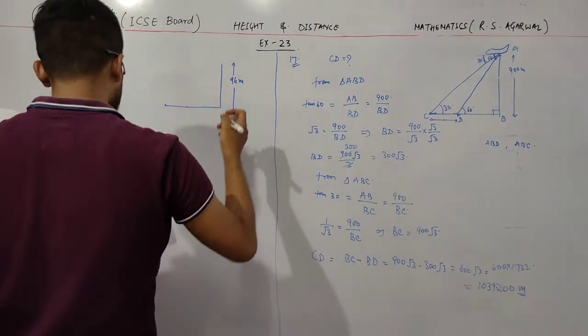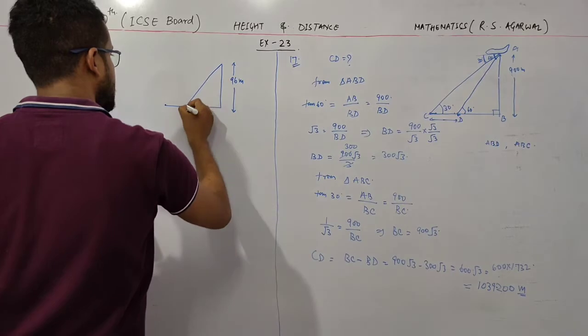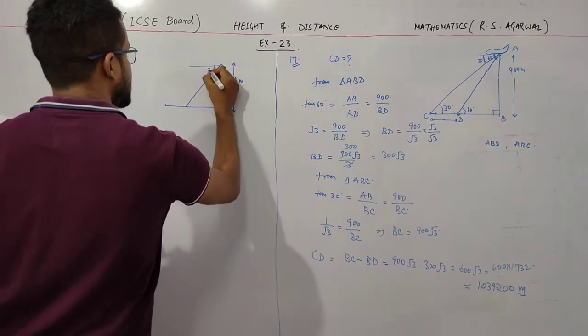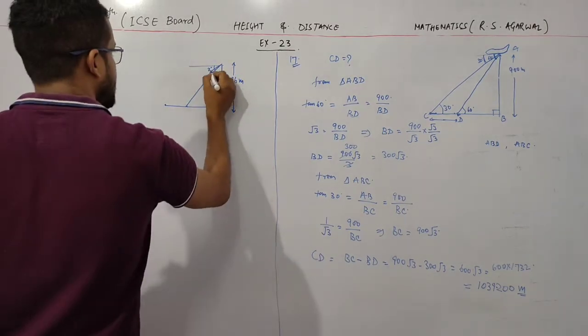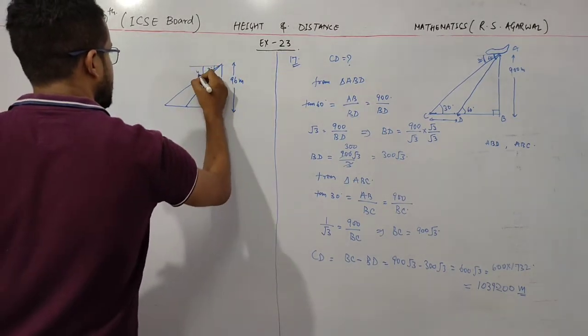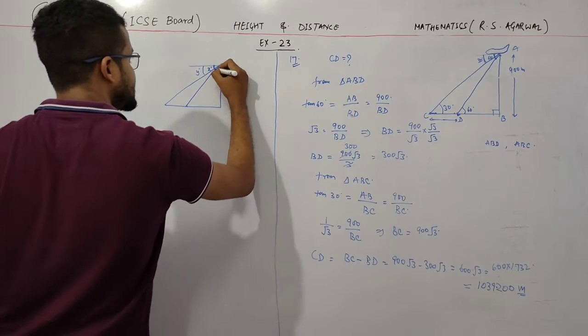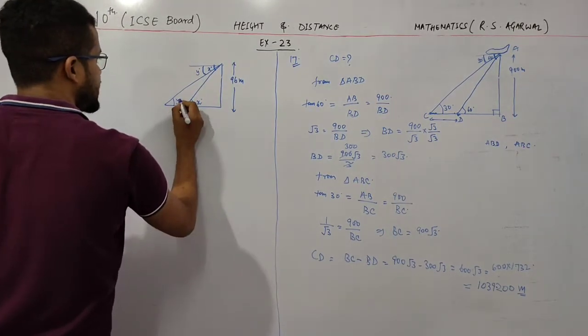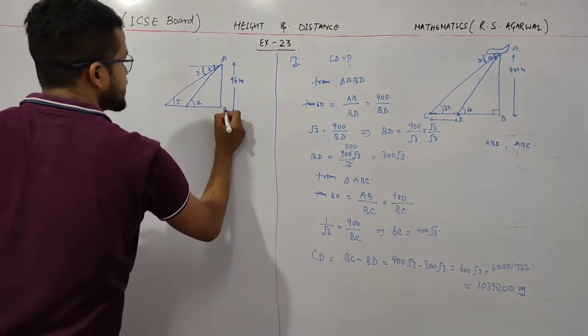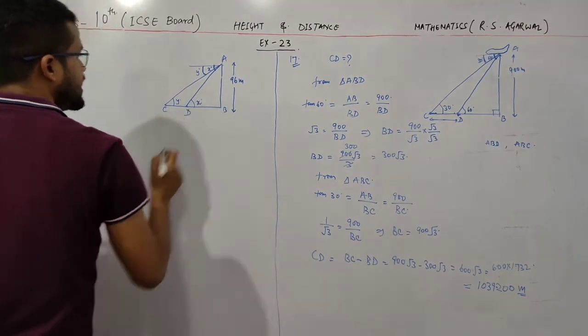This is x degrees and this is y degrees. If this angle is x degrees, this is also x degrees, and if this is y, this is also y degrees. I write this A, B, C, D.